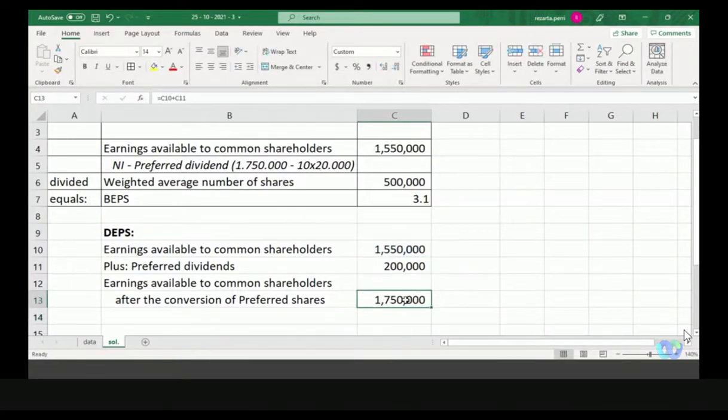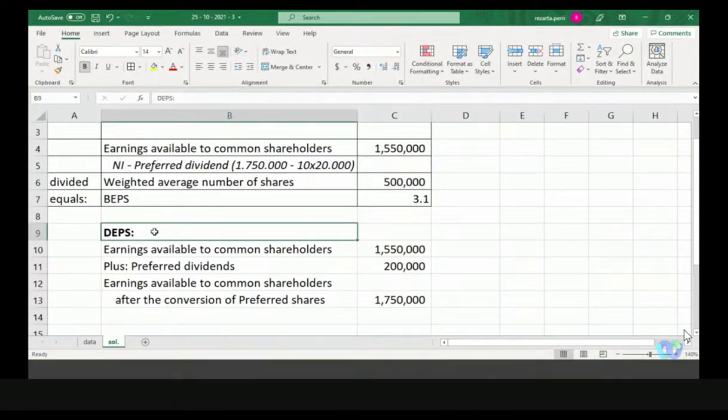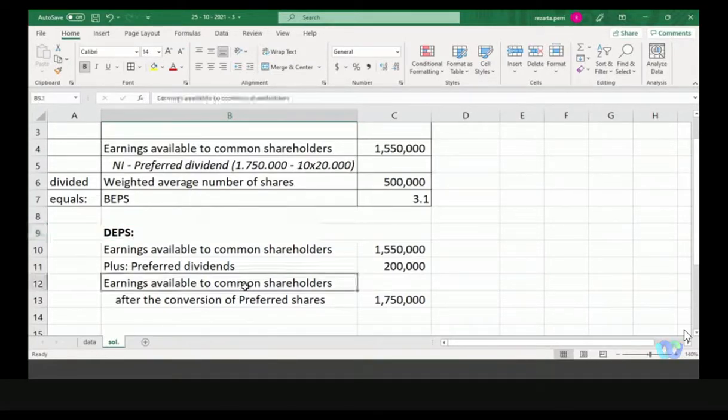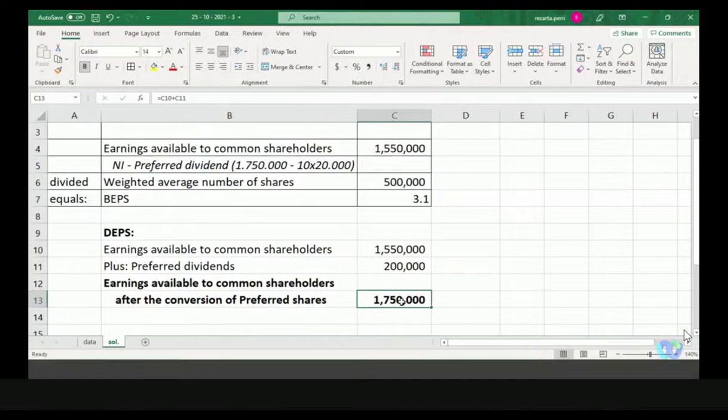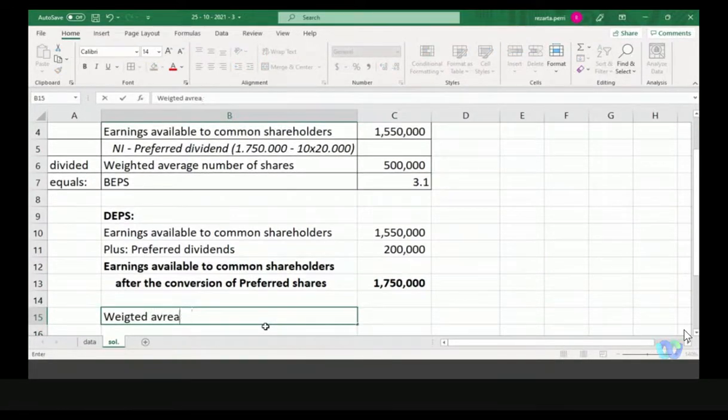It will be 1,750,000. Again, in calculating diluted earnings per share, we start with adjusting the amount of the earnings. In case I convert the preferred shares to common shares, the earnings will be higher because I do not have to distribute preferred dividend anymore. So earnings available to common shareholders after the conversion of preferred shares will actually be 1,750,000. But what about the amount of weighted average number of shares?